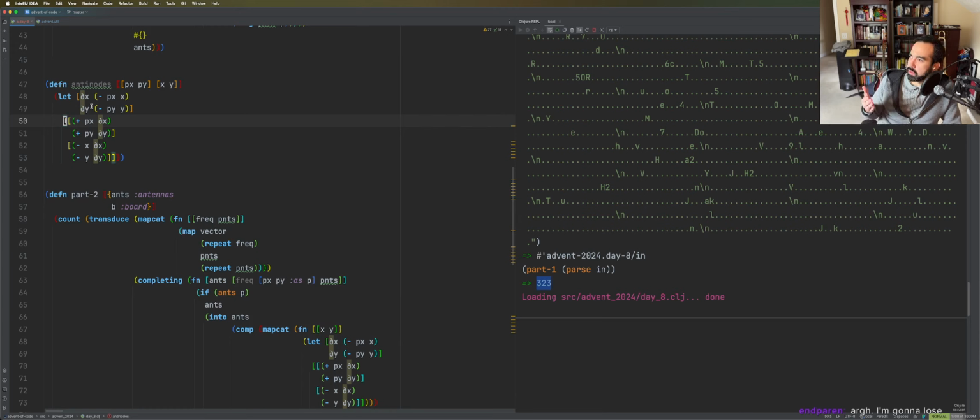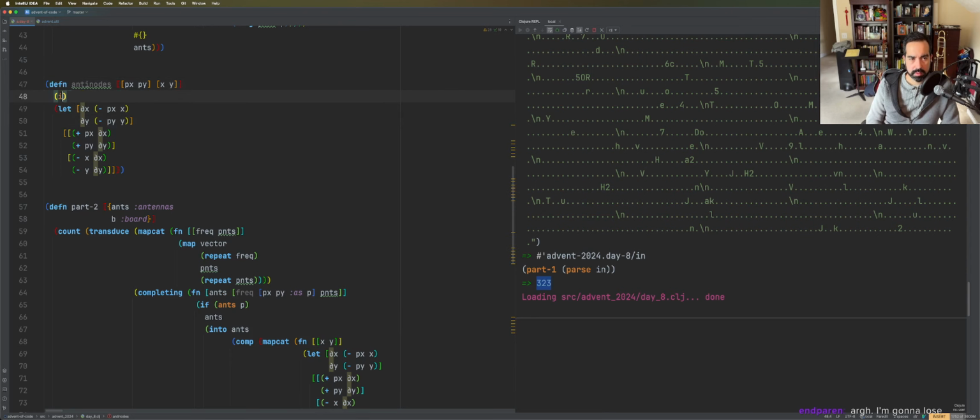You need to do this and then do it again, and then do it again, using the input from last time. This needs to be an iterate. Right?